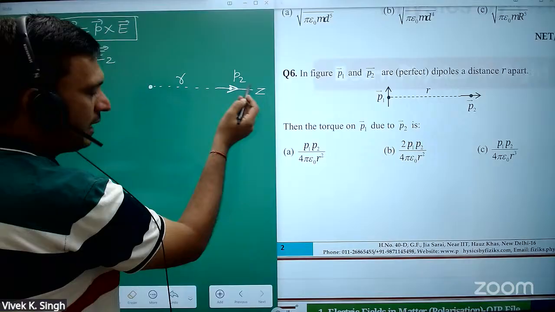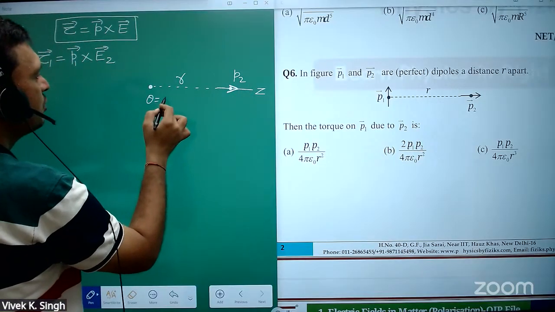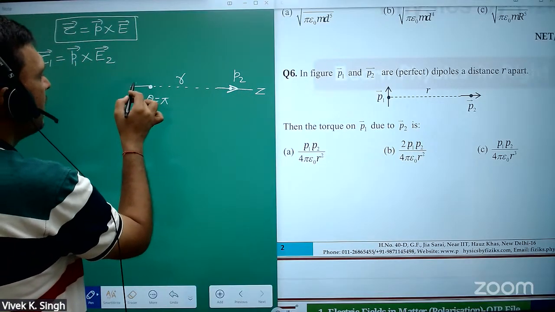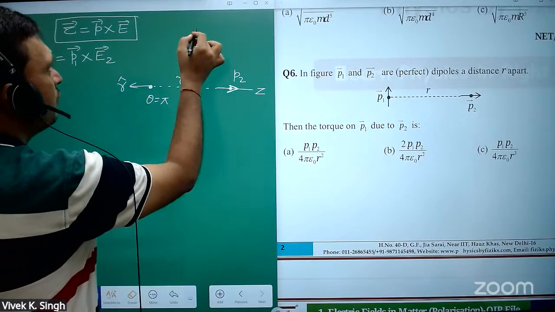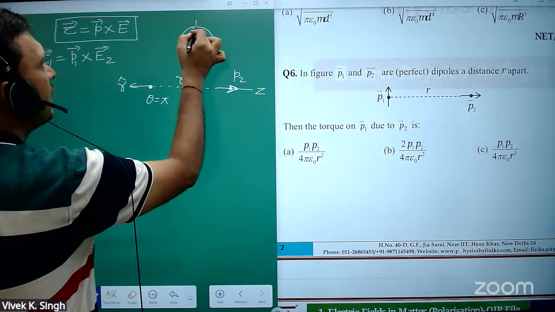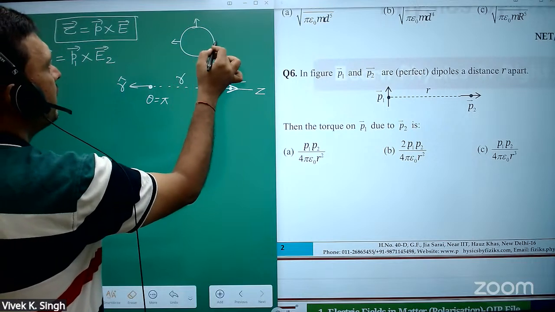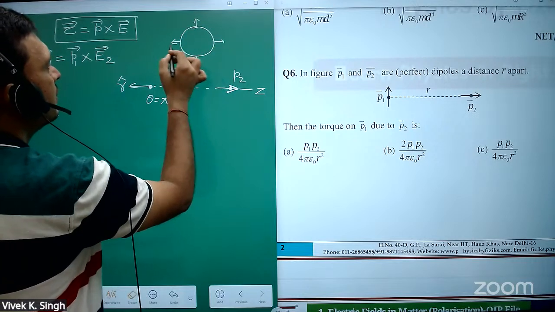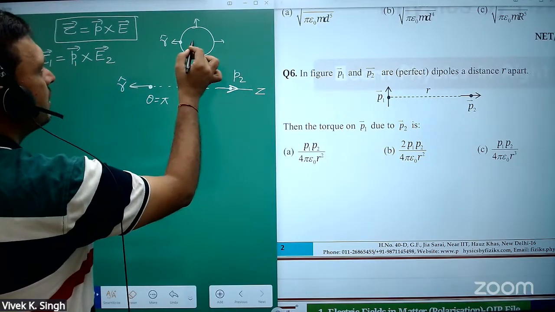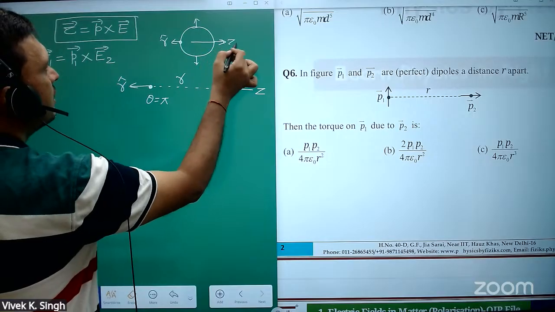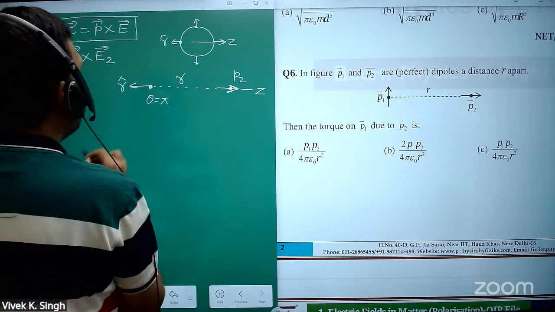So when it is in the z direction, what will be theta? Theta is pi. What is r cap? This is r cap in spherical symmetry. If you have a sphere, at any point this will be the radially outward direction. So we are considering this point, and this is the z direction. So here you have the r cap direction.